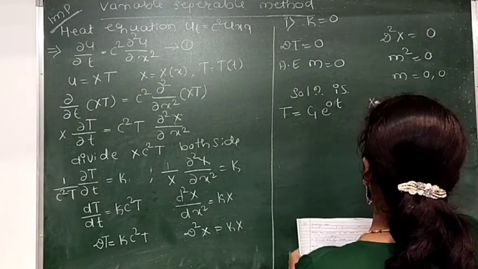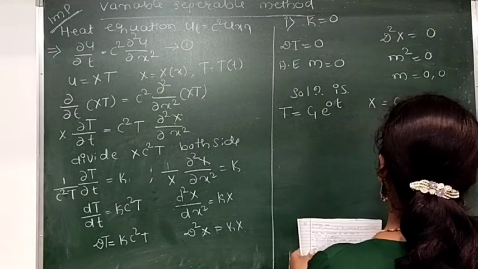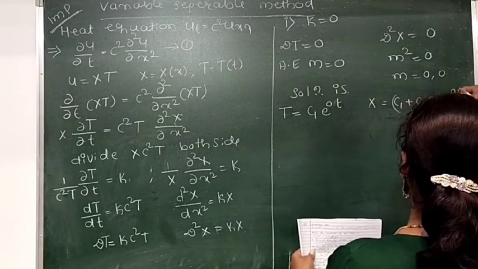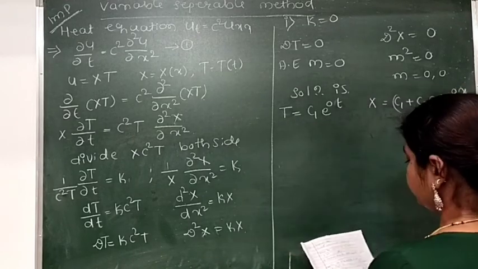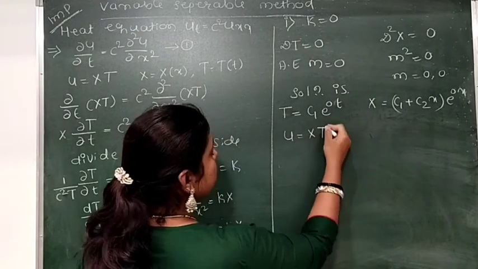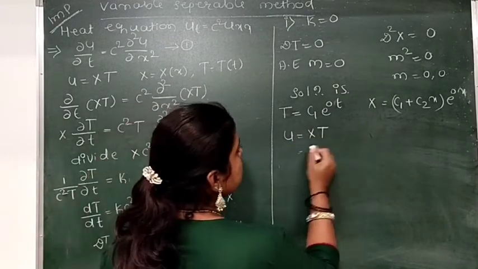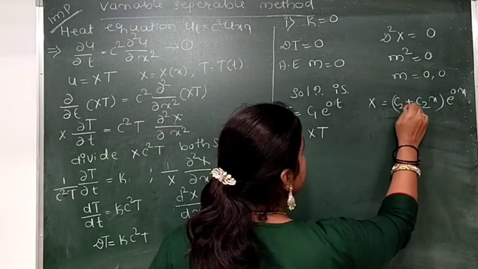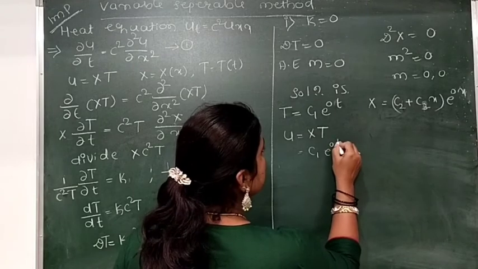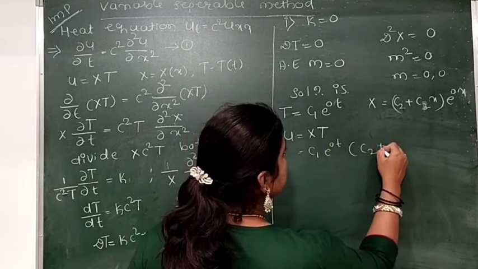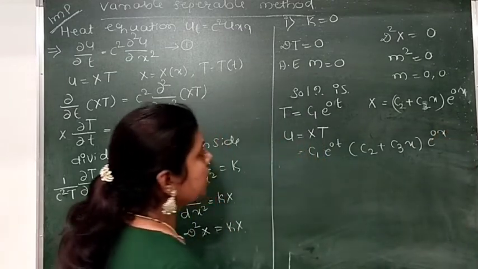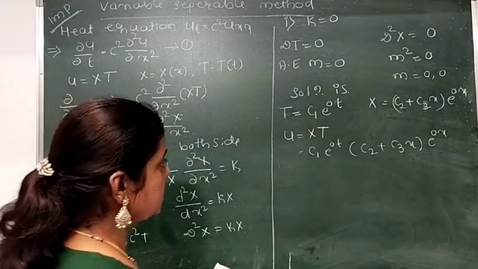And this is for x: X = (C1 + C2 x) e^(0x). We substitute in u = XT. C1 we already considered, so we continue with new constants: u = C1 e^(0t)(C2 + C3 x) e^(0x). This is the first case.